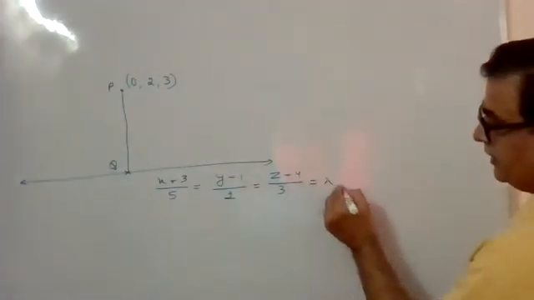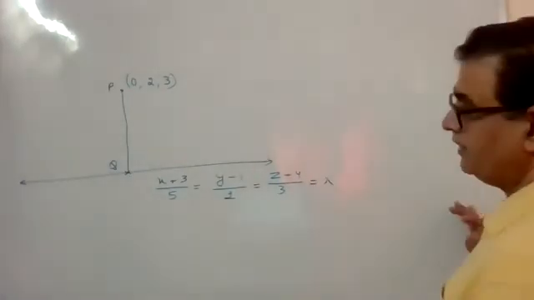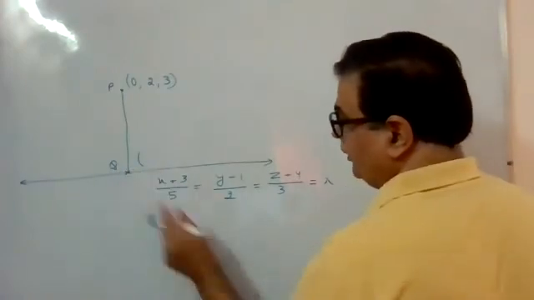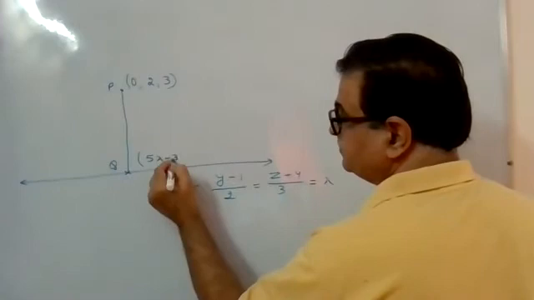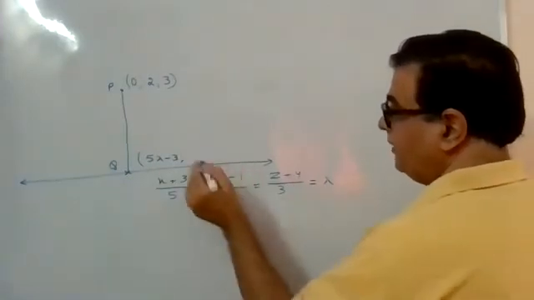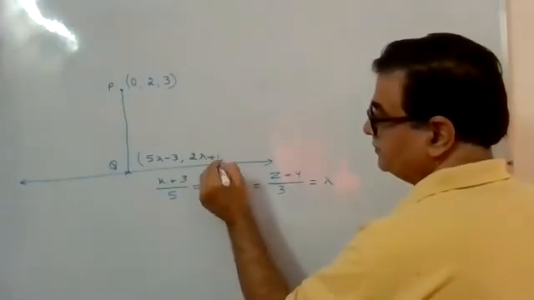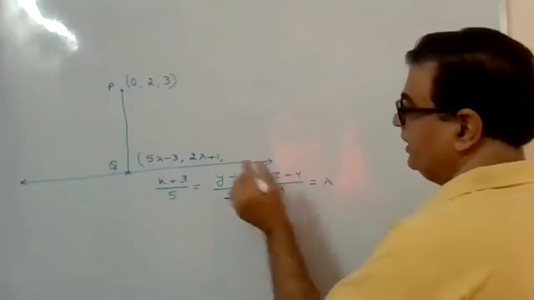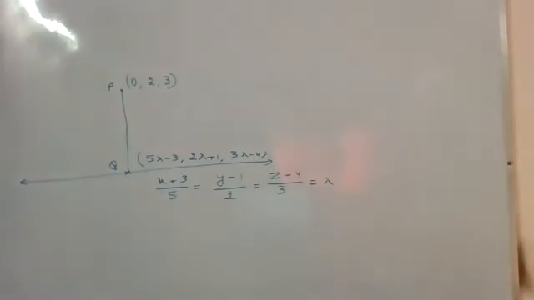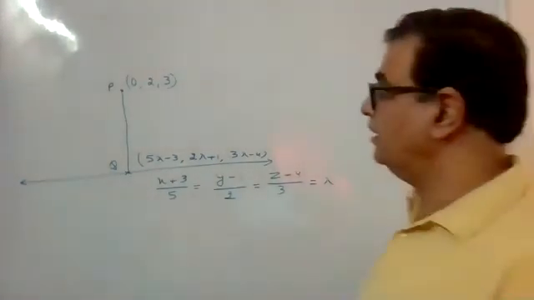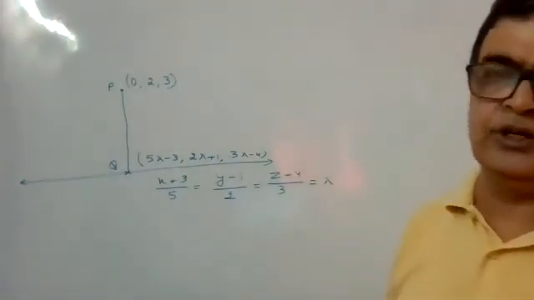Let each ratio be taken as lambda. Then the coordinates of Q will be 5 lambda minus 3, then 2 lambda plus 1, and the third one is 3 lambda minus 4. I got the coordinates of Q; P is already there.